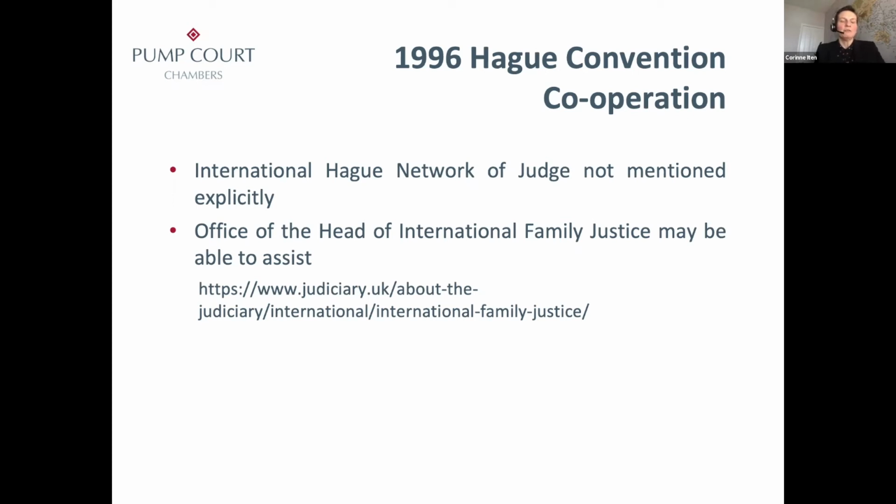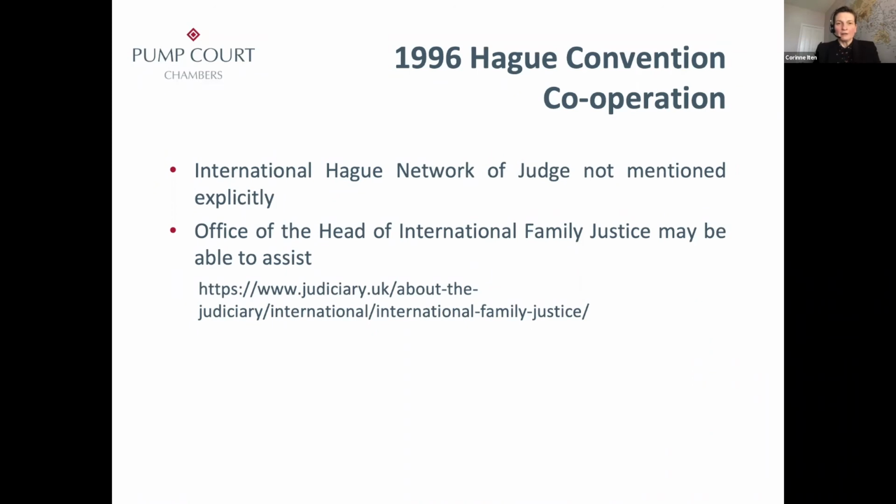But if you look at the website of the Office of the Head of International Family Justice, they very clearly list 1996 Hague cooperation as something with which they may be able to assist. And just for those interested, the head of international family justice at the moment is Lord Justice Moylan, and the deputy head is Mr. Justice MacDonald.